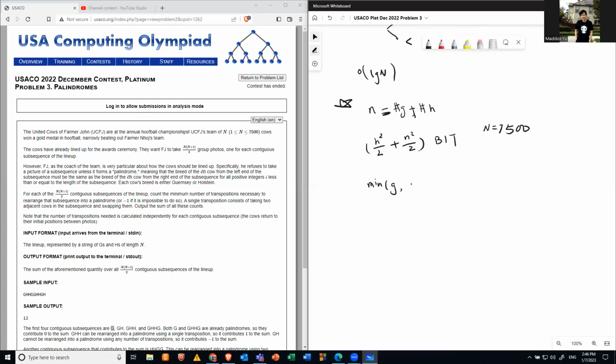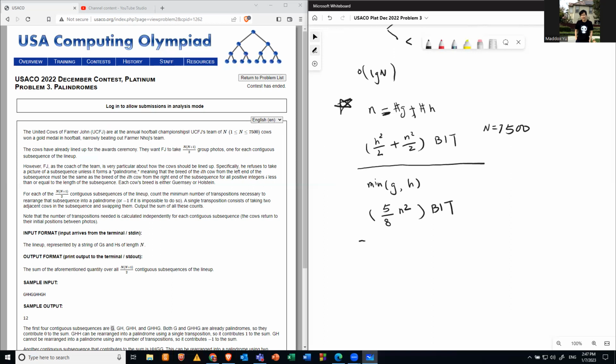If G is smaller, we use G for this calculation in each of the sequences. If H is smaller, we use H. It can be proven that the most you need to do is 5/8 of n squared BIT calculations. I'll make that a homework for you guys to prove.